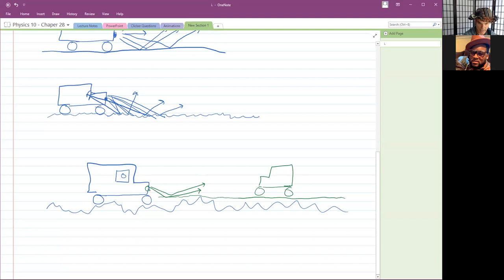All of the light gets reflected forward, so this driver here is not going to see the road at all. Pretty interesting. They would actually see nothing if none of that light is getting back to them. But as this car is passing by, at one point it's going to hit a part where all of the light reflecting off the road reflects to them. You're going to see a tremendous amount of glare.